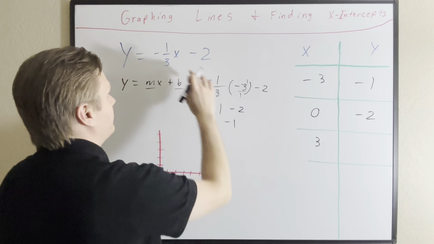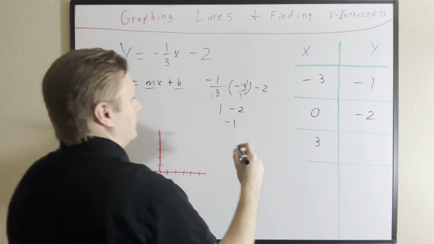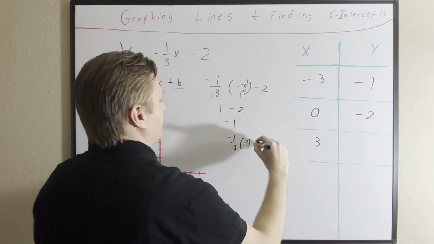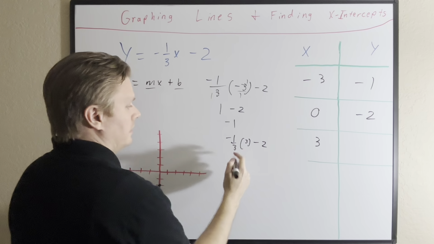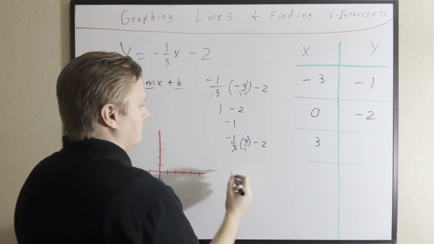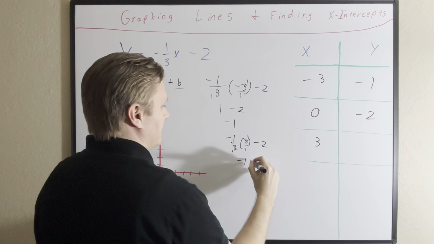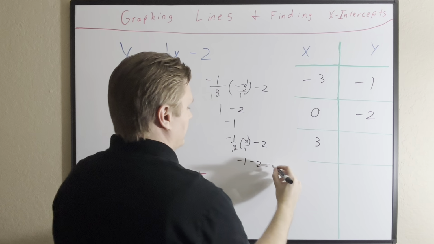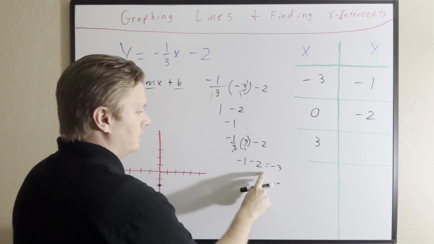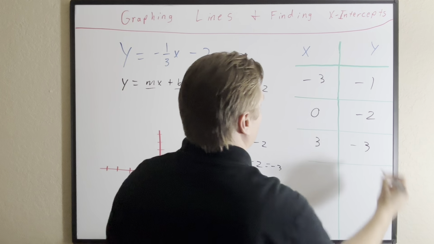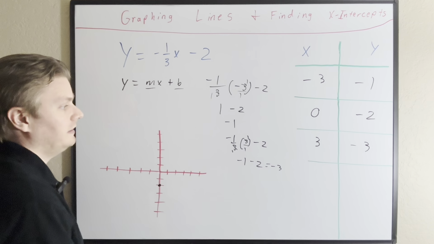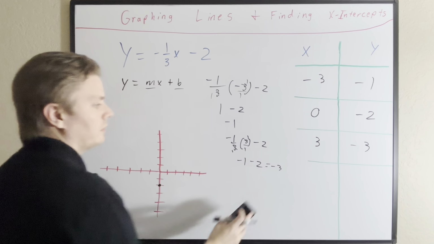What about positive 3? Negative 1/3 times positive 3 minus 2. Same thing, except now it's a negative times a positive, which leaves it as negative. So we end up with negative 1 minus 2, negative 3. Okay, and that's plenty. We don't really need much more than that, right?